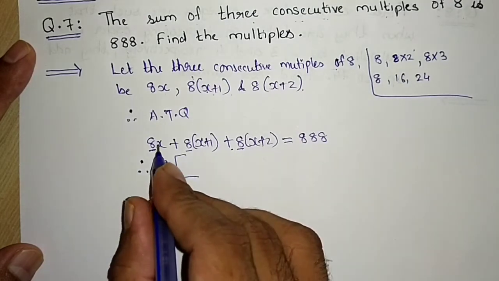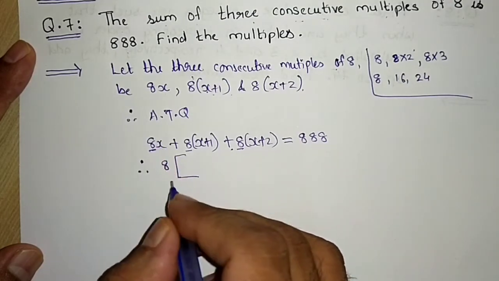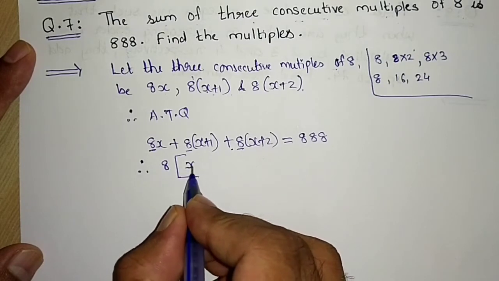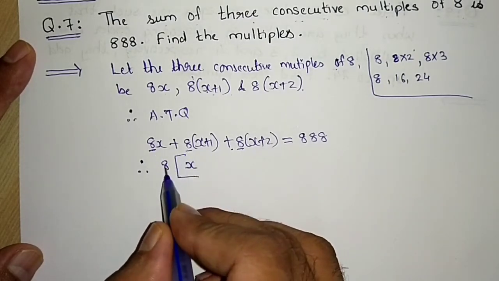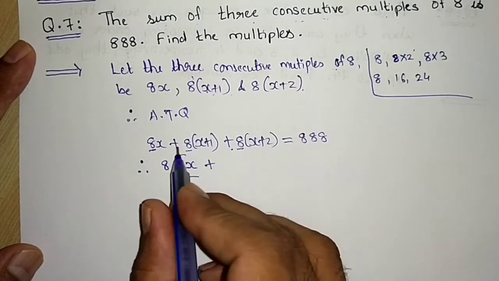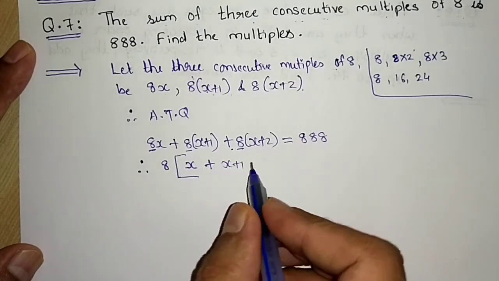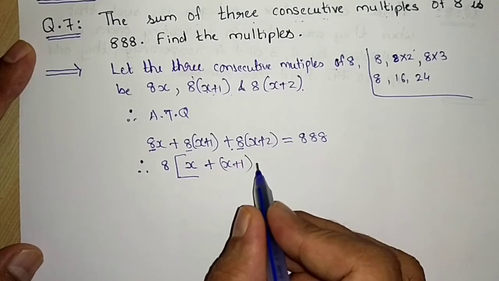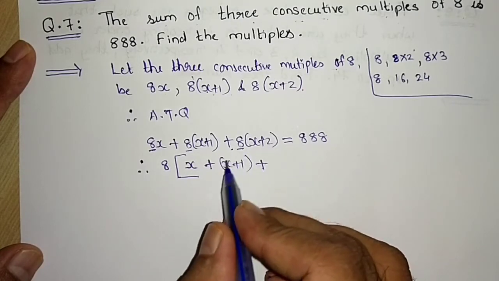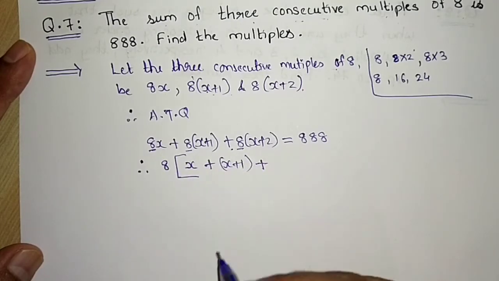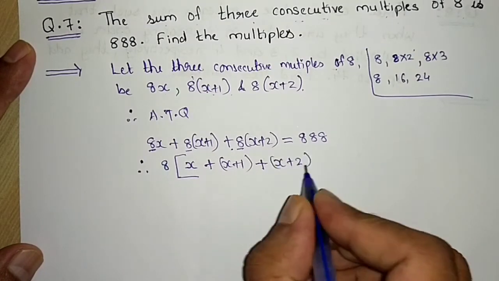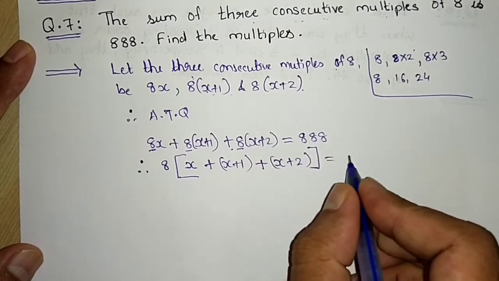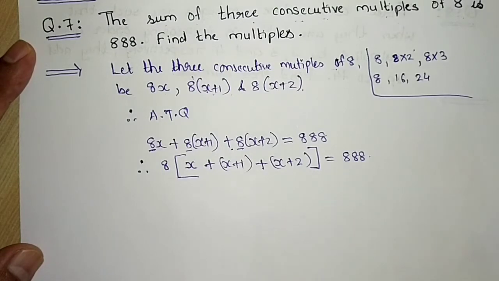If 8 is coming out from this term, inside it will be left with x. Here also 8 is common, so inside it will be left with x plus 1, plus this 8 is also common, so inside it will be left with x plus 2, is equal to 888.